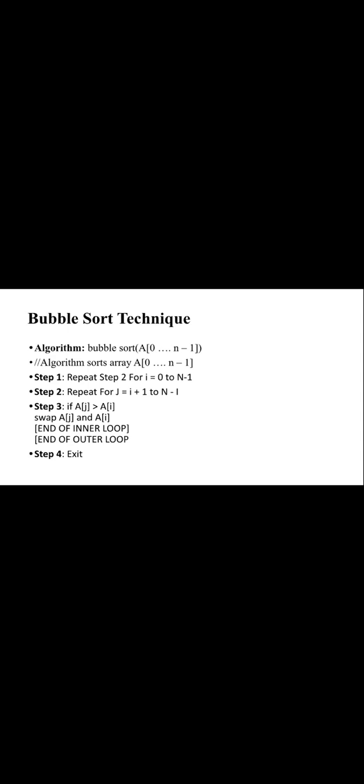What do you have in step number 2? So repeat for j equals I plus 1 to n minus 1. So you have to start the comparison from I plus 1 element with the j, and you need to repeat it n minus 1 number of times.